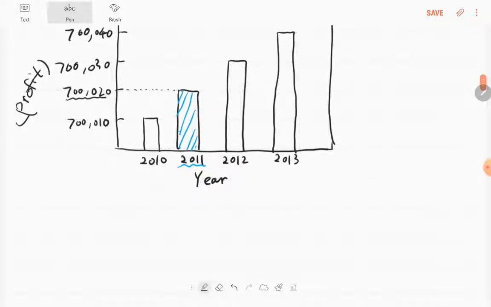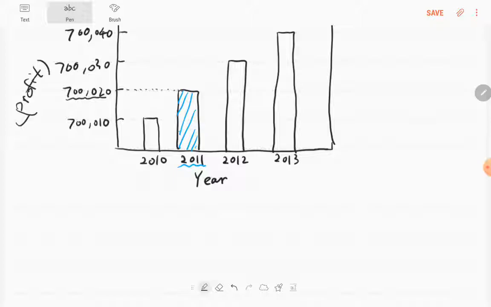So again, first we check the horizontal line to locate which year we are interested in. We find 2011. Then we check the height of the bar to find the value. Okay, so this is the basic rule for all bar graphs.